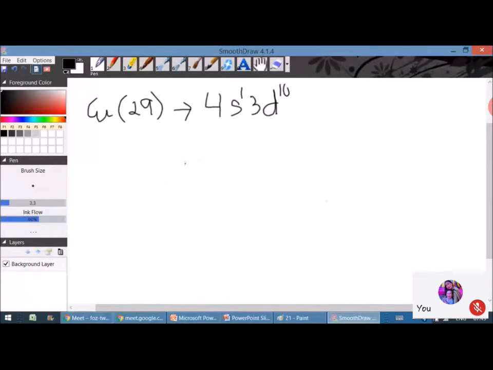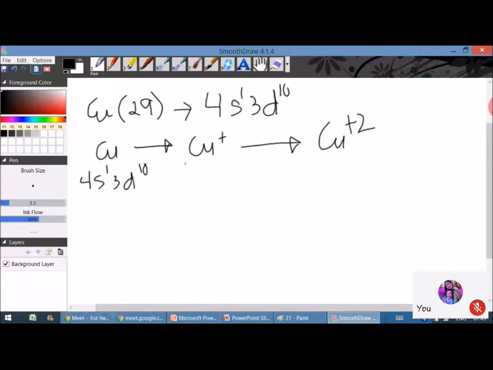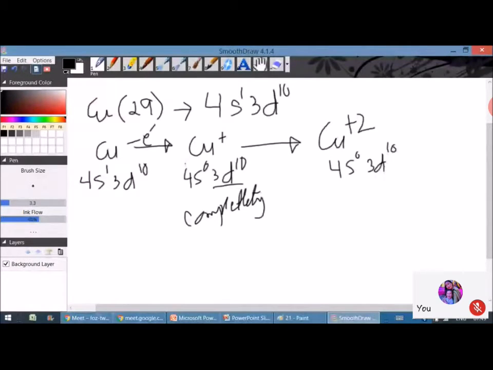Going from Cu to Cu+ to Cu2+, two electrons are removed successively, one by one. When it loses one electron, 4s becomes 0 and 3d10 is completely filled and stable. After losing the second, we get 3d9.